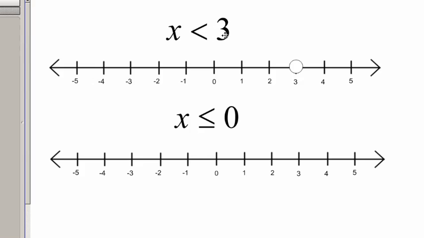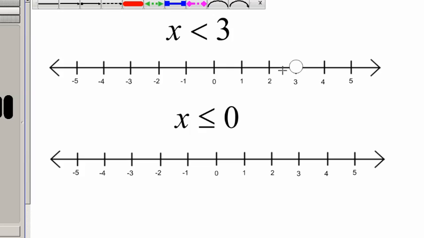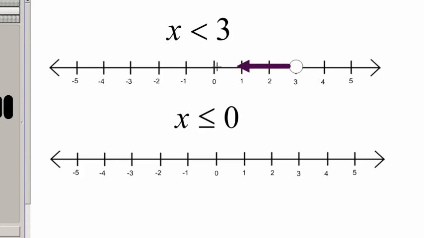Some of you learned it that way. So 3 is going to be larger. It's going to be to the right of all the possible values of x. So I'm going to represent that by drawing a ray coming from that point. But it's an open circle because 3 is not a value that's included. So this shows me everything on the number line up to but not including 3.